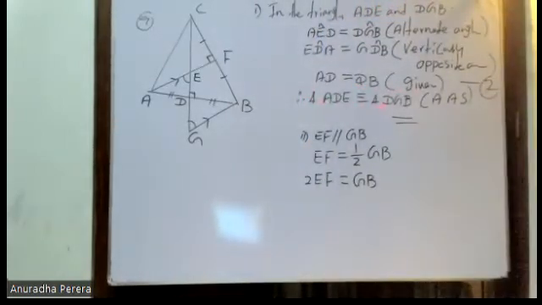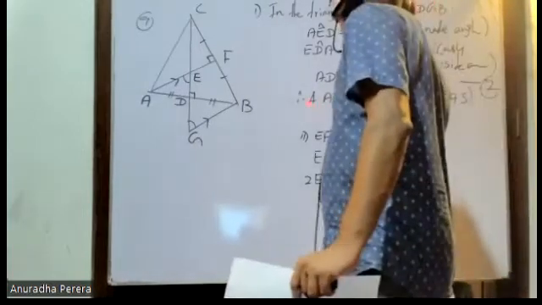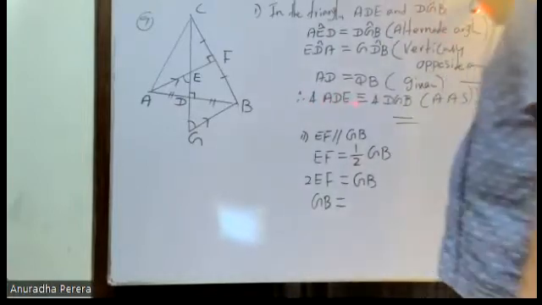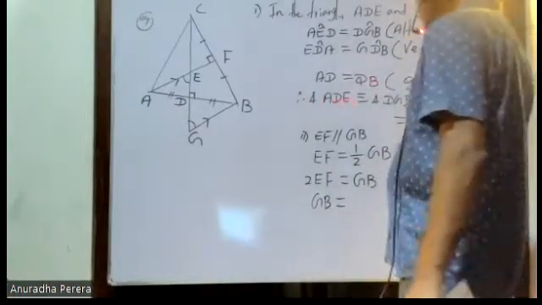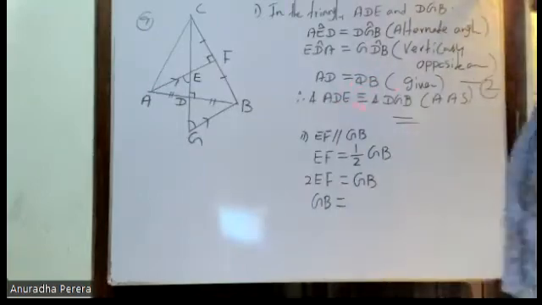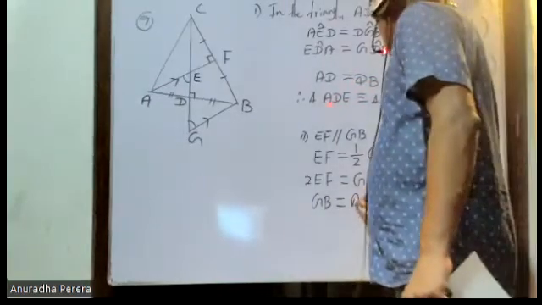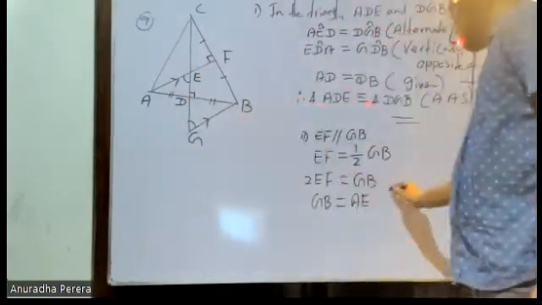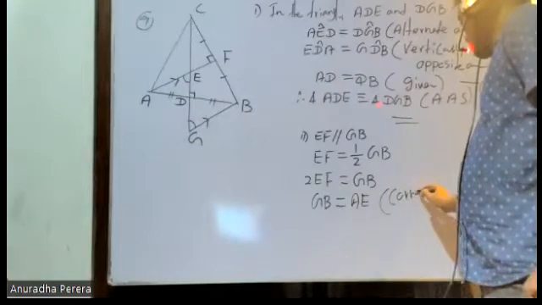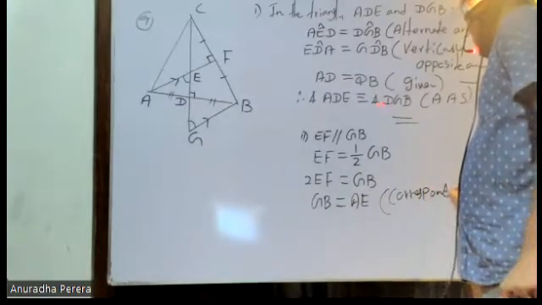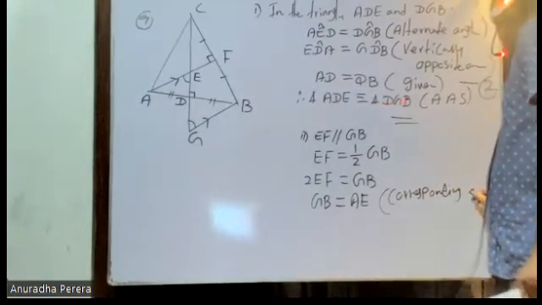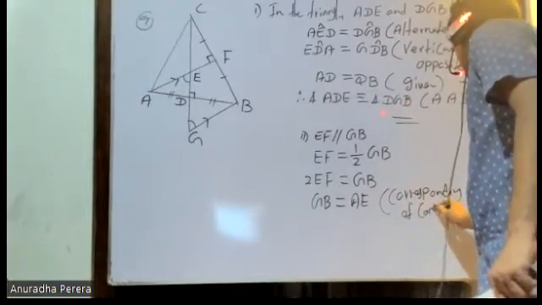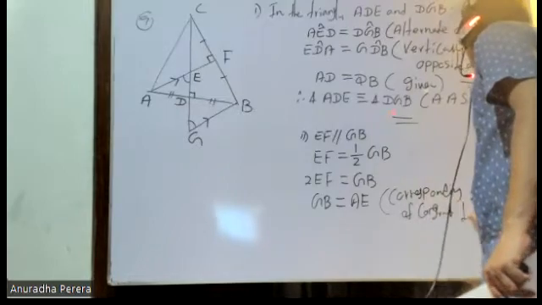But you know GB equals AE. Why? Corresponding sides of congruent triangles.